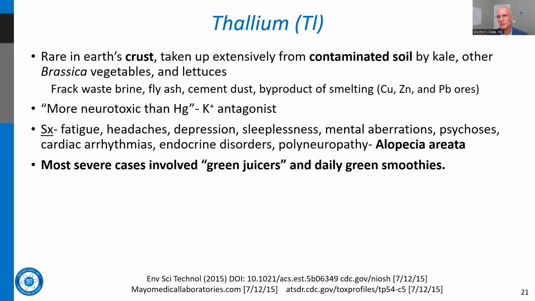Anything that goes where potassium goes is going to affect a multitude of processes. The primary symptoms associated with excess thallium are fatigue, headaches, depression, sleeplessness, mental aberrations, psychoses, cardiac arrhythmias, endocrine disorders, polyneuropathy, and alopecia areata, hair coming out by the clumps.